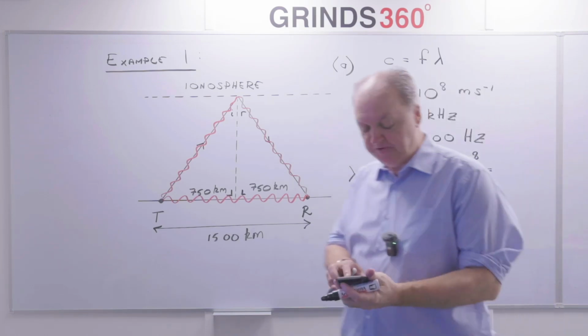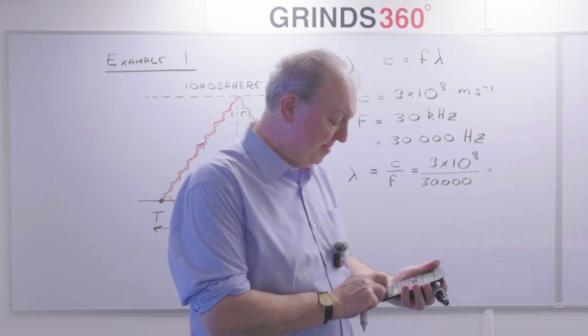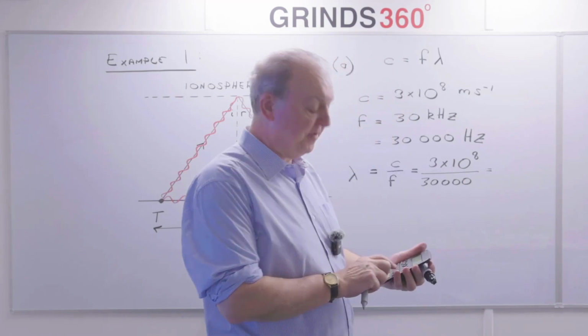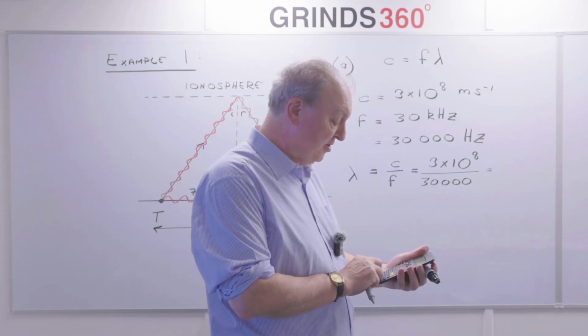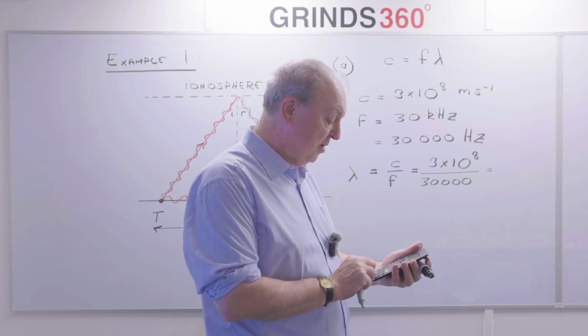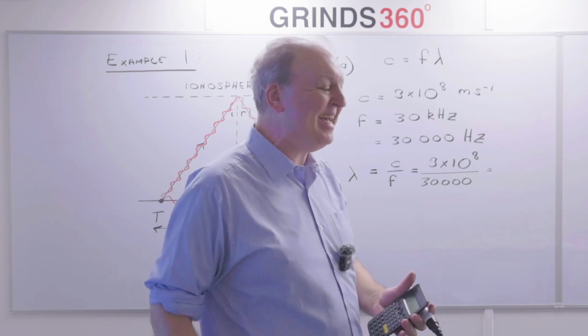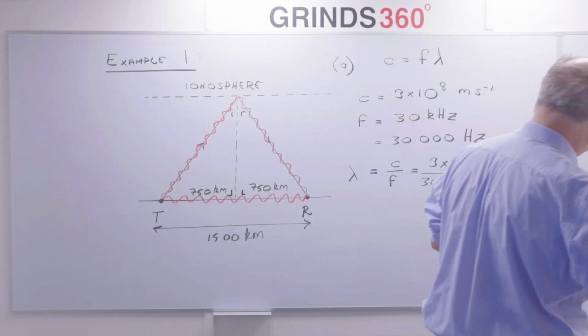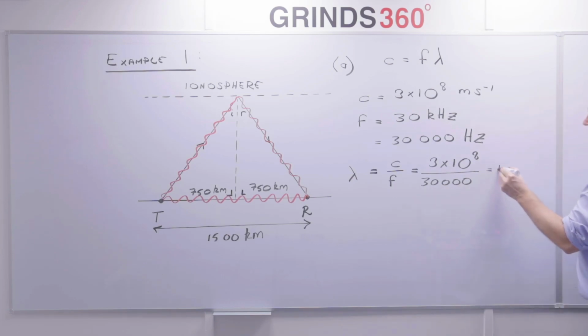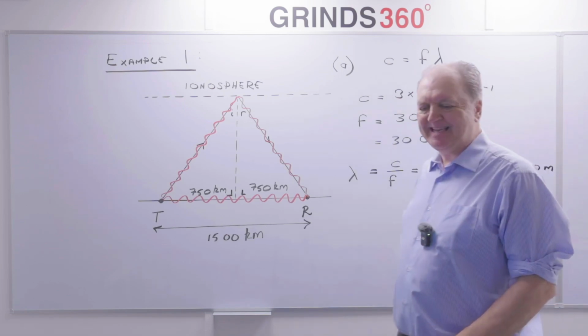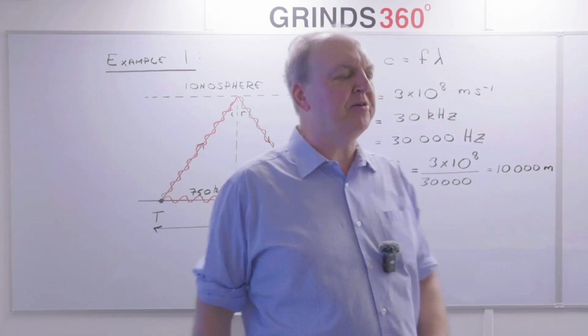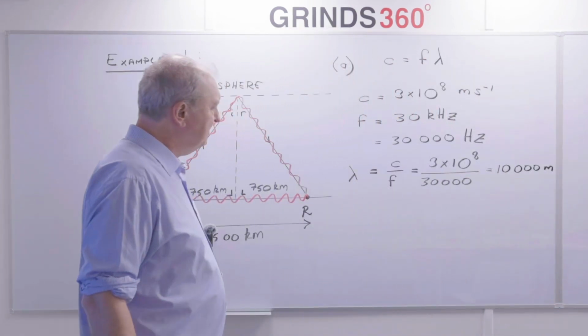So put that into your calculator. Press the fraction button. Top, 3 × 10 to the power of x, divided by 30,000 on the bottom, equals, and I get 10,000 meters. That 10,000 meters, that's 10 kilometers or 10K.